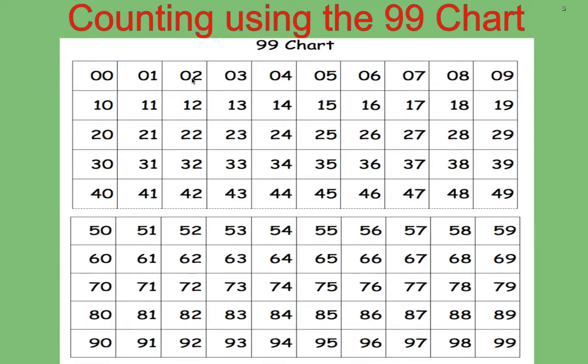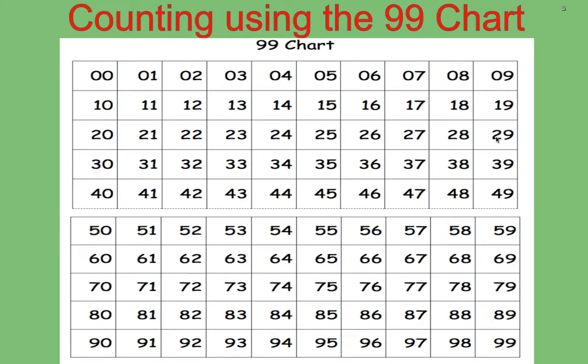The zeros in my first row represent 0 tens, but the zeros in these rows on my left represent 0 ones. So this is just the numbers 1, 2, 3, 4, 5, 6, 7, 8, 9. But I've written them in groups of tens and ones, and I've written them as two-digit numbers.